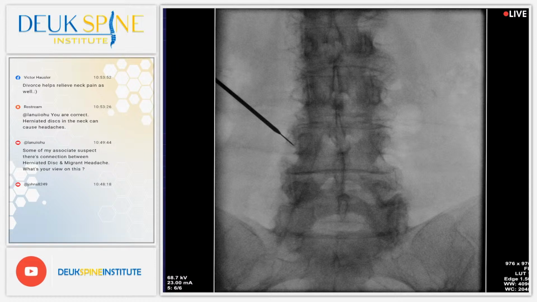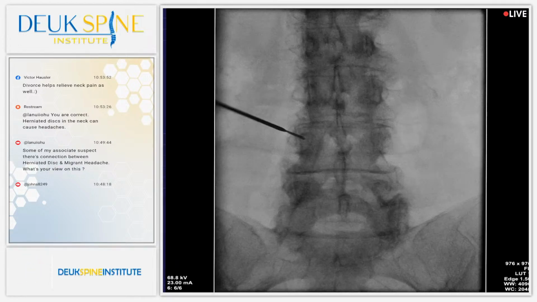That's what you guys are seeing right now. You're seeing that x-ray machine, and you're seeing what I see, which is the actual bony spine. The bony spine is not the problem. The problem is the pain nerve is overactive, and I have to go in and destroy that overactive pain nerve.